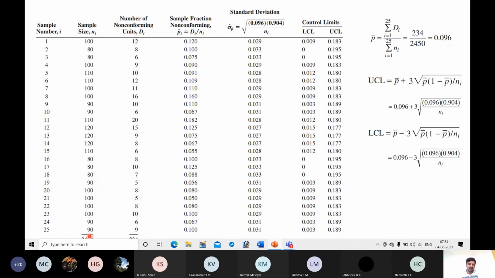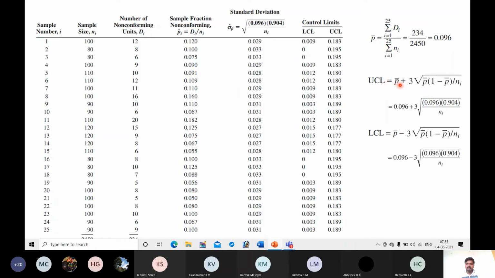You have to consider adding all 25 values. If it were constant, it would be 25 into n, that is m into n. But here it is not constant, that's why you add all these values individually. Then substitute, and you will get p bar as 0.096.